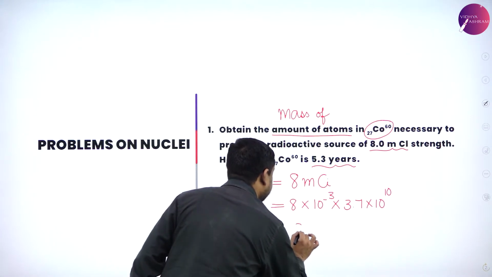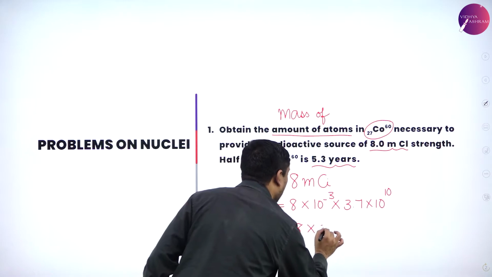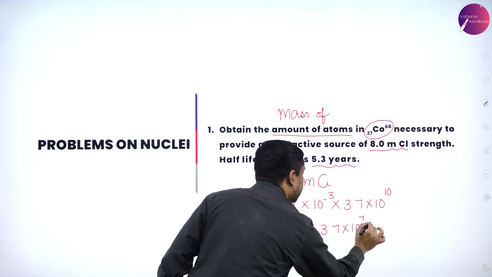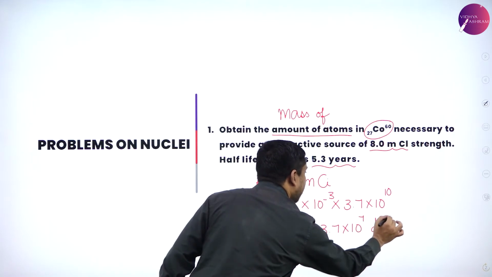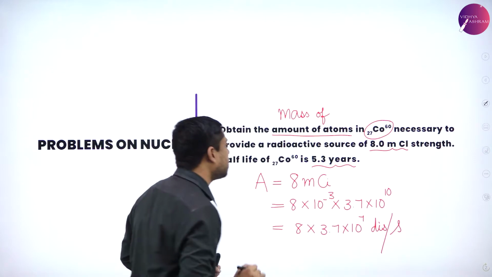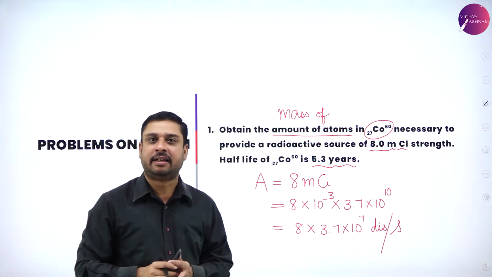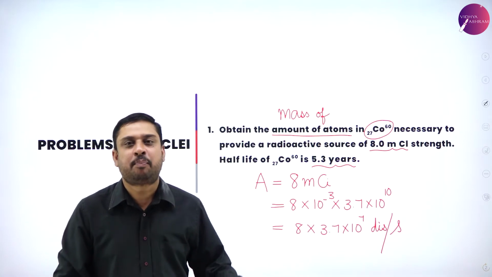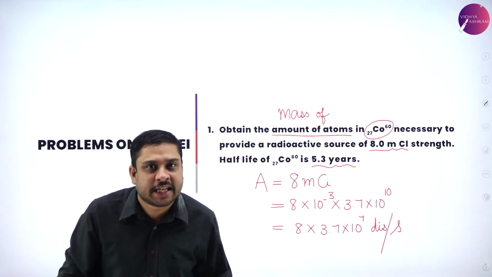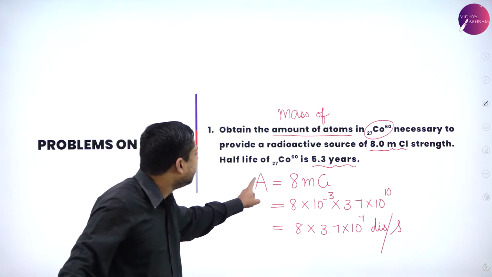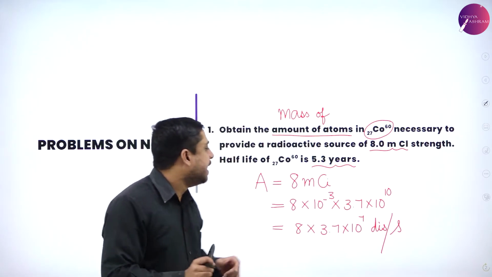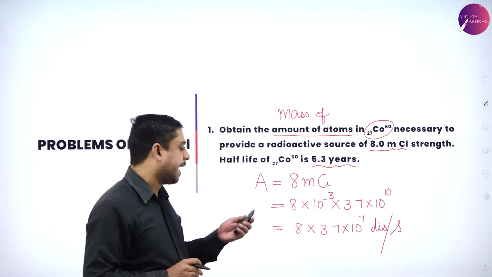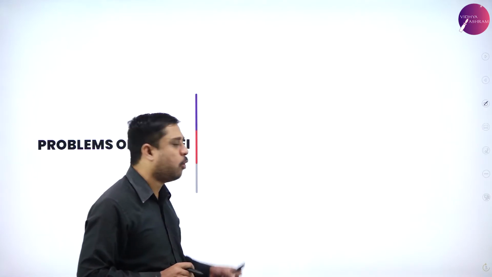And this is 8 into 3.7 into 10 power 7 disintegrations per second. So my first step of calculation is getting the activity in terms of disintegrations per second.